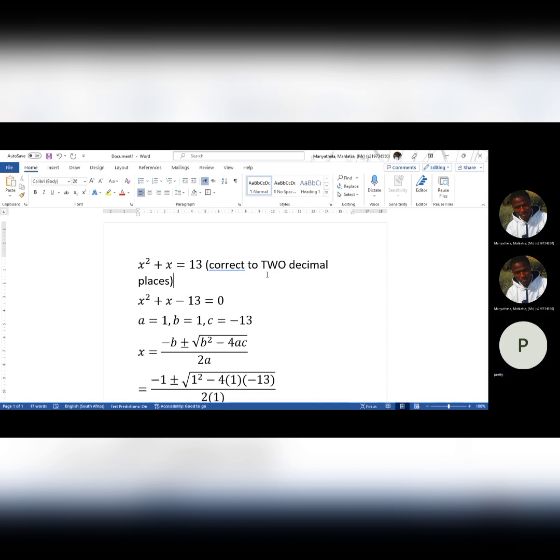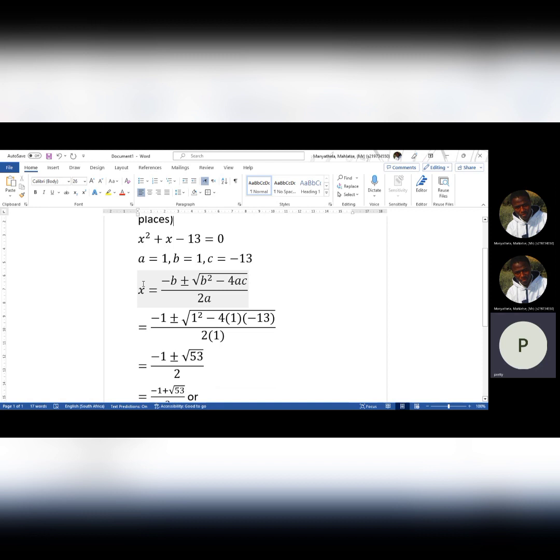So or use this formula. And what I like about this formula, question ya maths ke solve for x and ke barking quadratic equation, quadratic formula ya tsena.